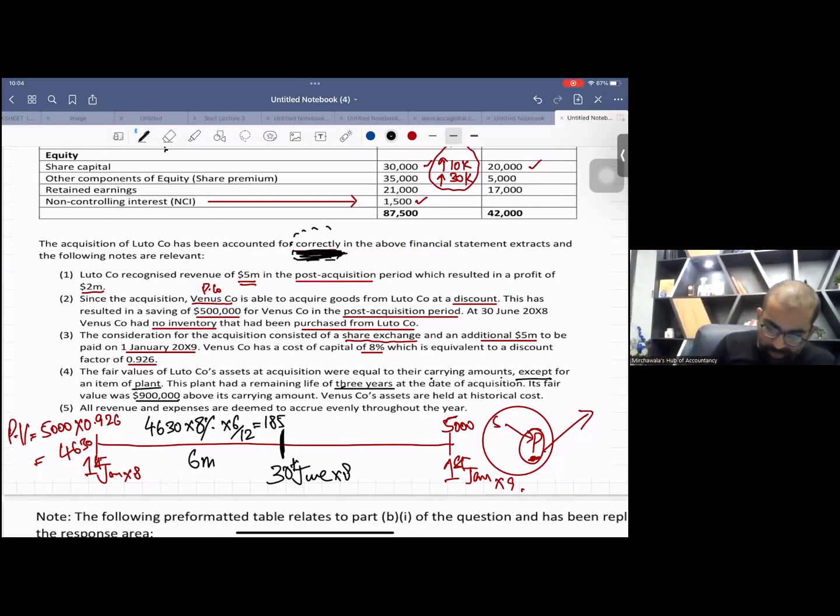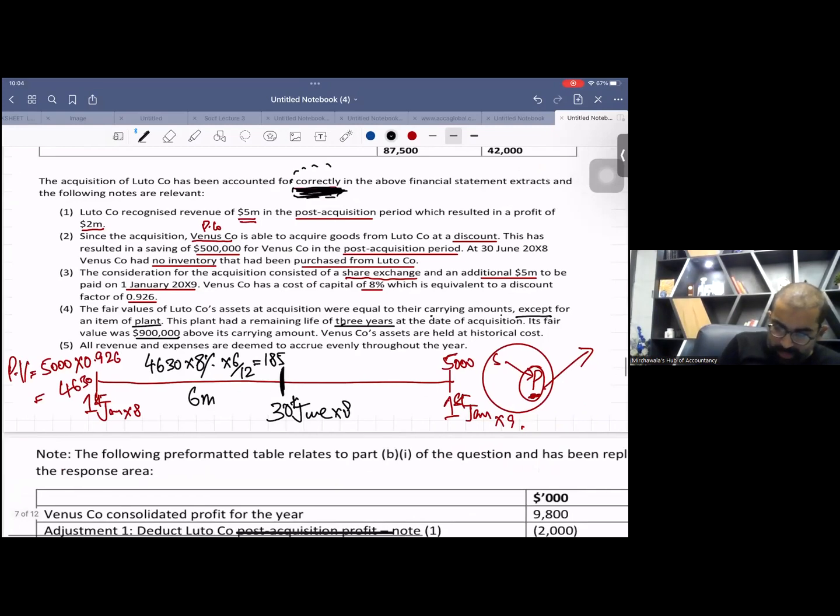So your fair value adjustment is how much? 900 divided by 3 will give you per year depreciation, and times 6 upon 12. How much is this? 150. So this is excess depreciation.